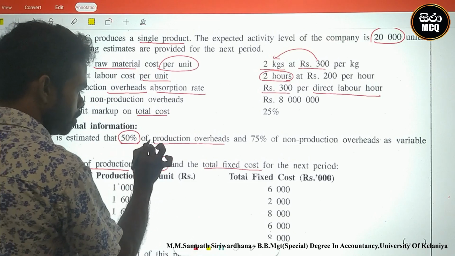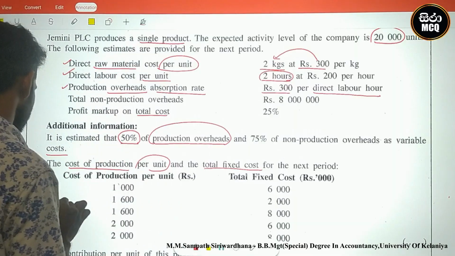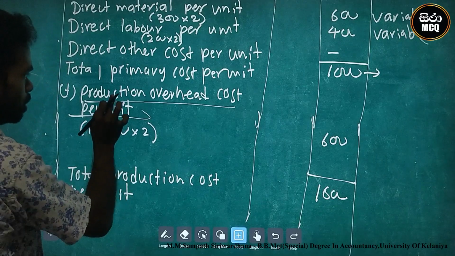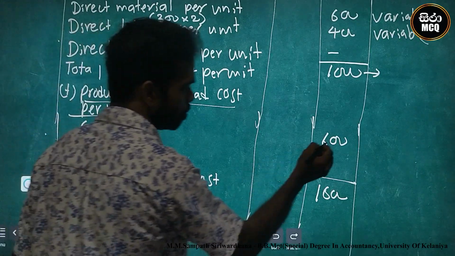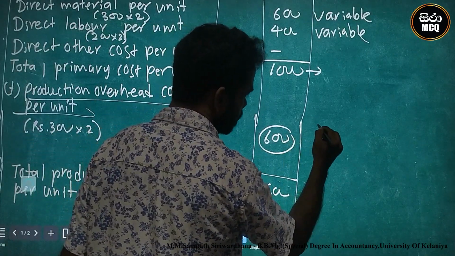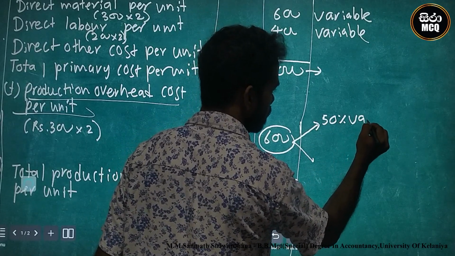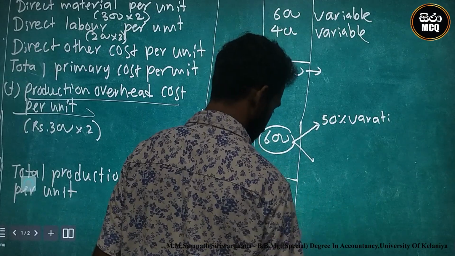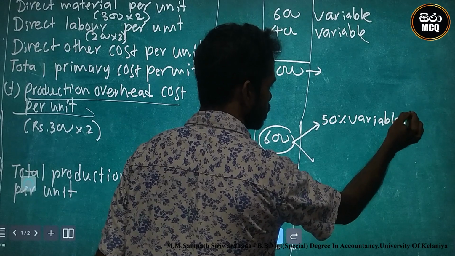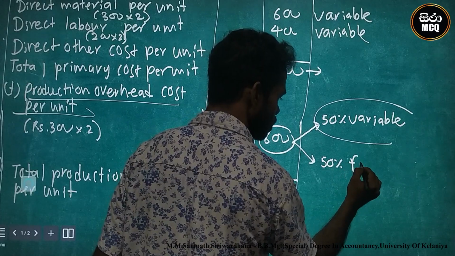The production overhead cost is 600 per unit. They said that 50% is variable, so the other 50% remaining is a fixed cost.